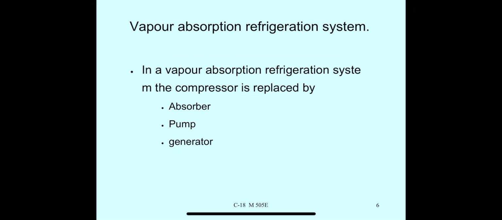In vapor compression, we require compressor, condenser, expansion valve and evaporator. But here, instead of compressor, we consider absorber, pump and generator.